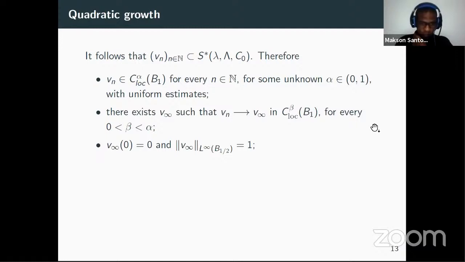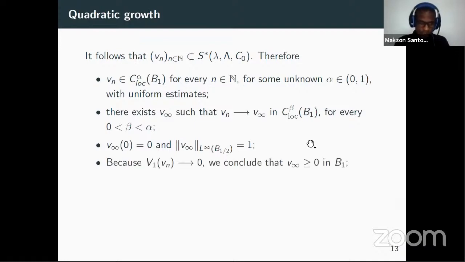Okay, now by using the properties for Vn, we have that V infinity of 0 is 0, and the L infinity norm of V infinity is equal to 1 in B1 half. And recall that the density of the negative part of Vn goes to 0. Then we can conclude that V infinity is non-negative, in fact.